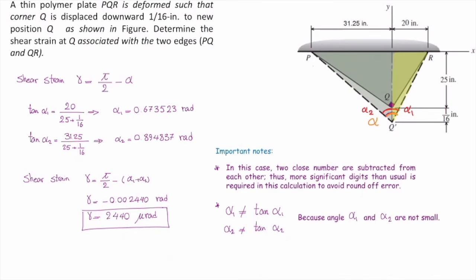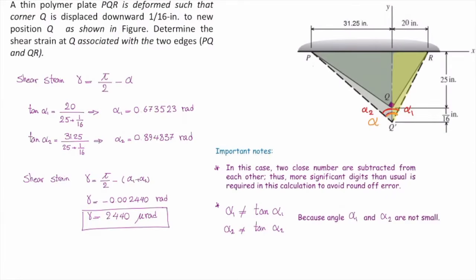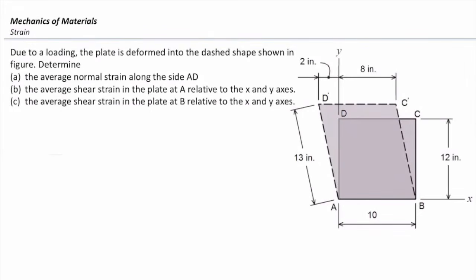The reason is, in this problem, alpha 1 and alpha 2 are large, and in the previous problem, gamma 1 and gamma 2 were very small. So, to be on the safe side, always use inverse tangent or inverse sine to calculate the angles. Another example. This example actually combines shear strain and normal strain.